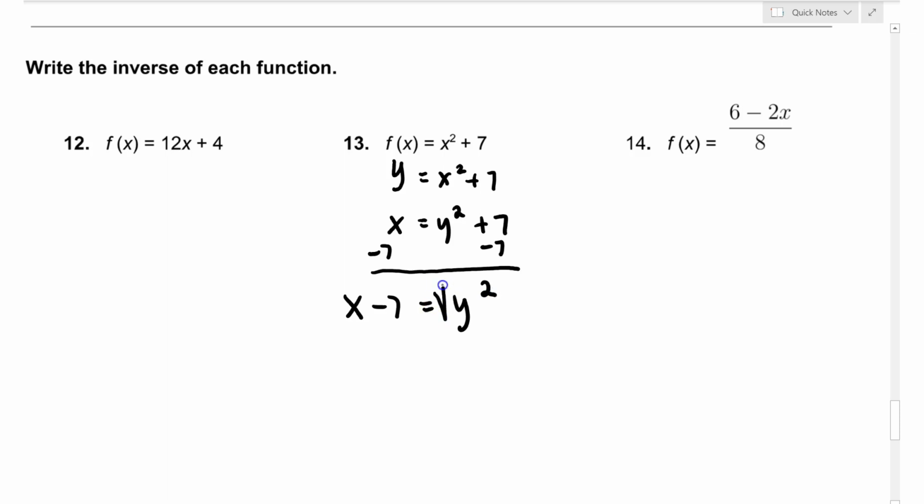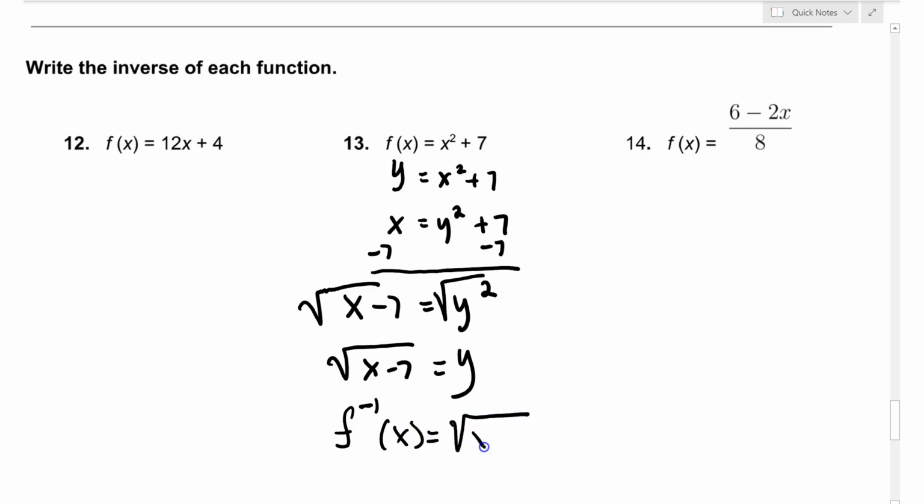And then we want y by itself, so we're going to take the square root. So y equals the square root of x minus 7. And the answer will be the inverse of f equals the square root of x minus 7.